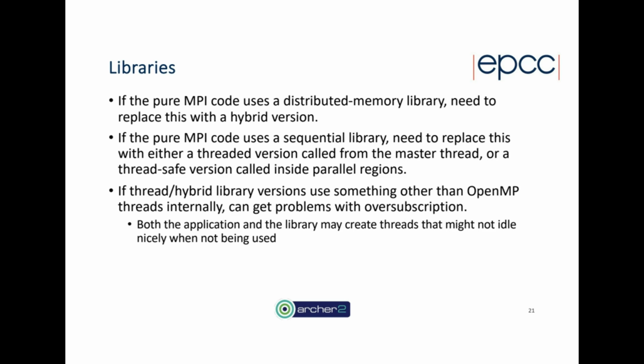If the pure MPI code uses a sequential library, then you might need to replace this with either a threaded version of the library, which gets called from the master thread with respect to OpenMP, or a thread-safe version of the library that gets called from multiple threads inside parallel regions. And again, the threaded version or thread-safe version of the library that you're interested in might not exist.